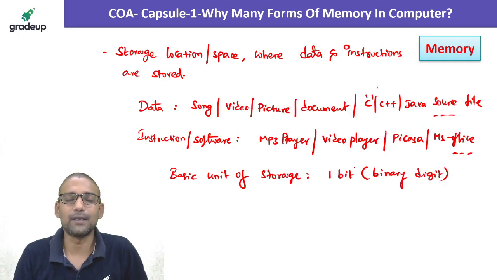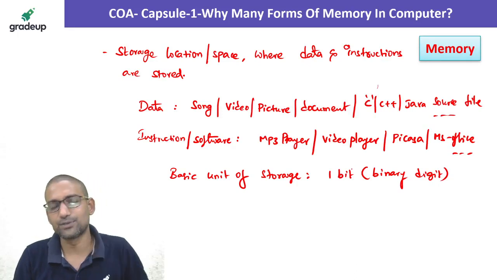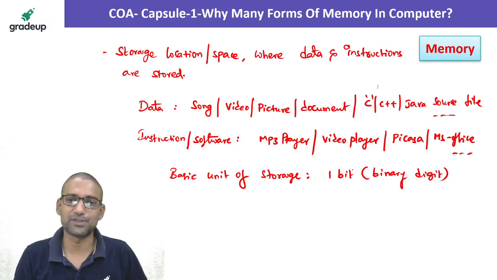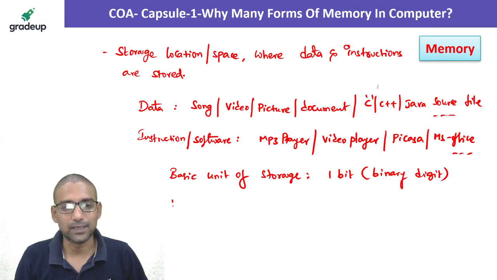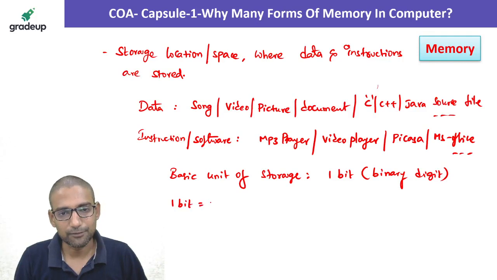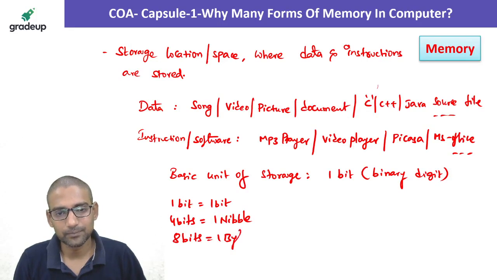Whenever you are trying to learn about memory functionality, it is very much required to have this idea: 1 bit definitely is 1 bit. 4 bits is equal to 1 nibble. 8 bits is what? 1 byte.